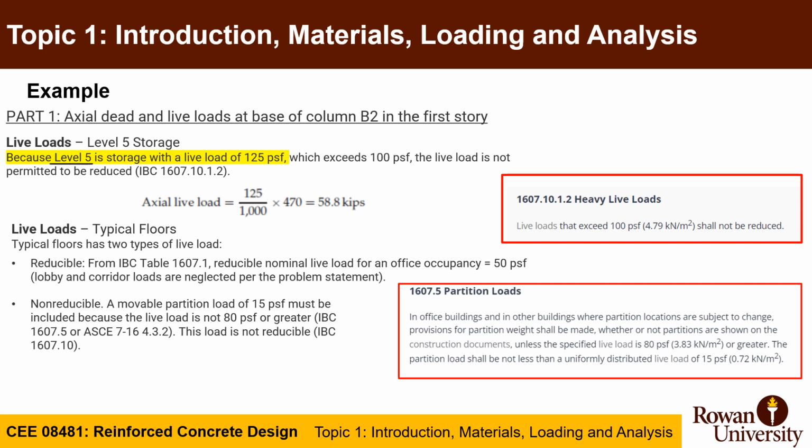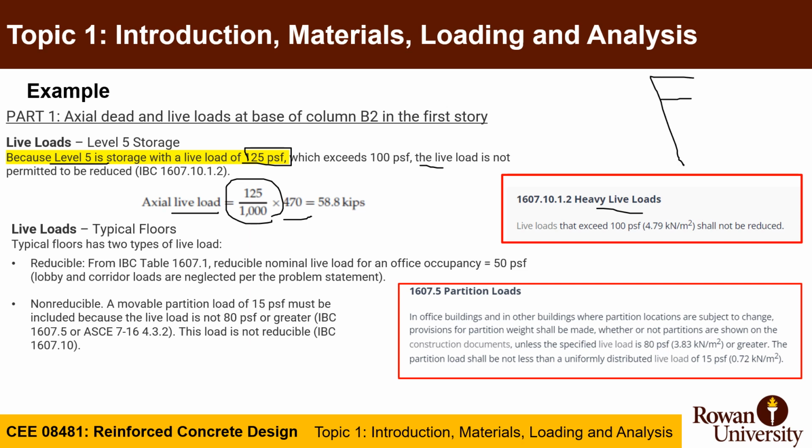Level 5 is a storage with 125 psf. So it should not be reduced based on 1607.10.1.2, heavy loads. So the axial load is 125 over 1,000 times 470, which gives you 58.8 kips applied.